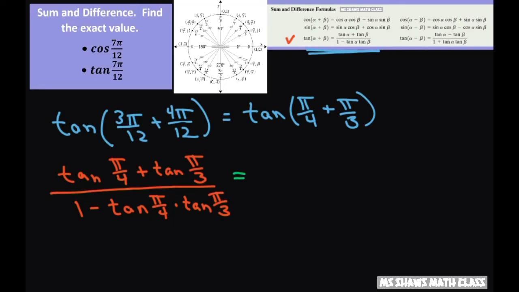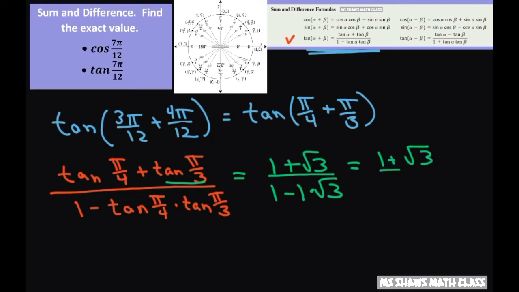So tan of pi divided by 4 is 1, plus, this is going to be square root of 3. And then we have 1 minus, and then I just copy these down, 1 times square root of 3 because they're the same. So this gives us 1 plus square root of 3 and 1 minus square root of 3.